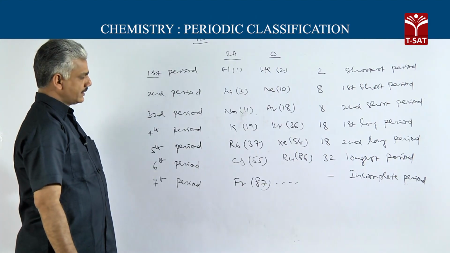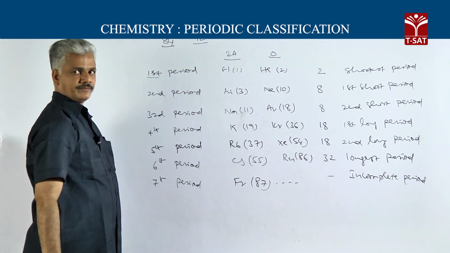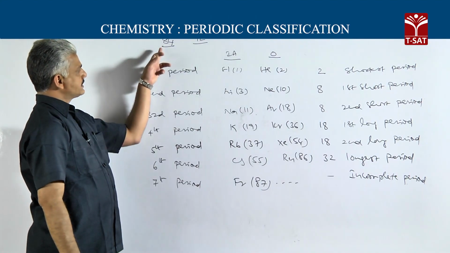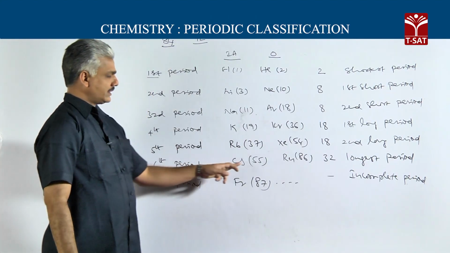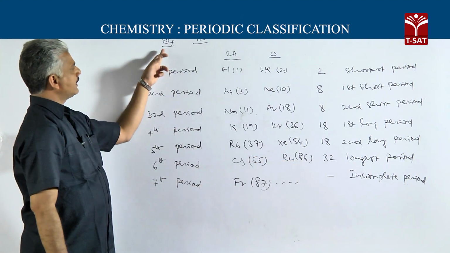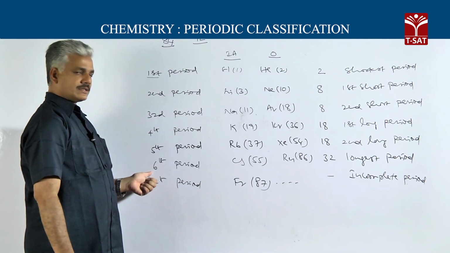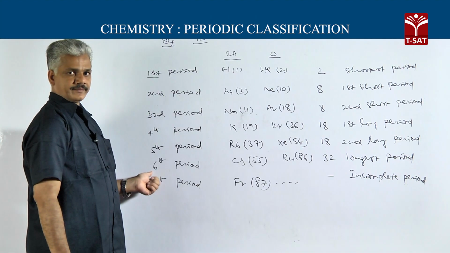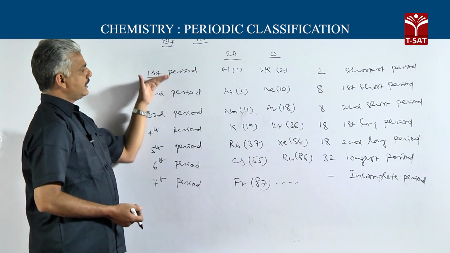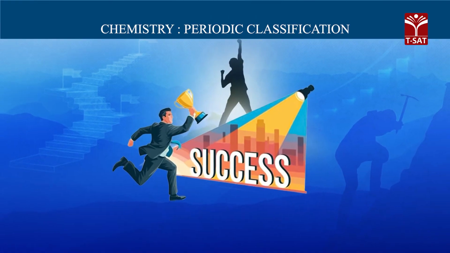Say for example, if an element's atomic number is 84 and you have to identify the period number, you can see 84 lies in between 55 and 86. Therefore, the element with atomic number 84 will be present in the 6th period. Like this, the period number can be identified by remembering this classification of elements into periods.